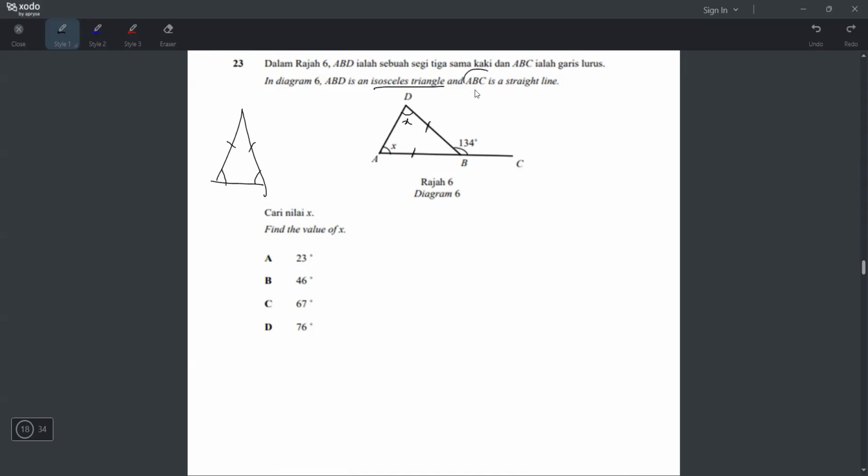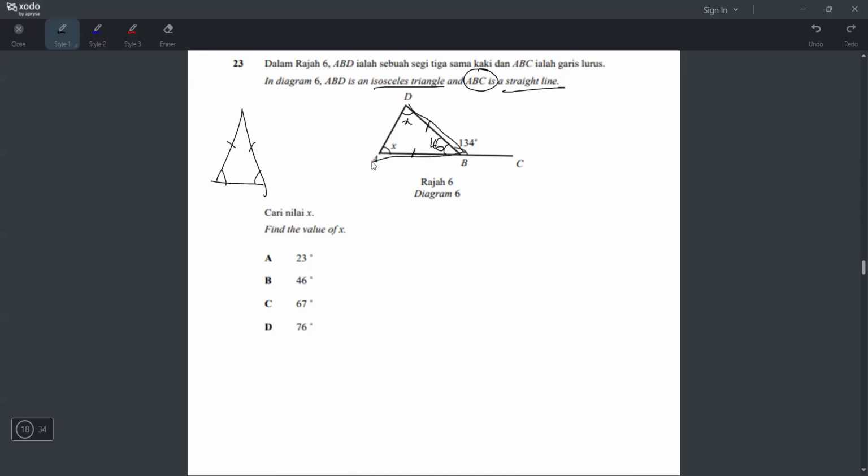Okay, now it says ABC is a straight line. Find the value of X. Very easy, this one. If ABC is a straight line, you have 134 here. So how do we get the angle beside it? Just take 180 minus 134. If you press the calculator, you will get 46. But this is not X. So how to find X?